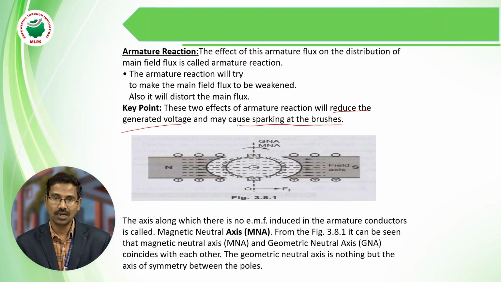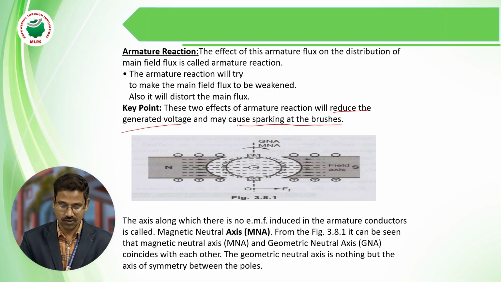For that, let us consider three cases. In the first case, only the field winding is energized and the armature winding is unloaded. So the generator is not loaded, and we are considering only the field winding energized.